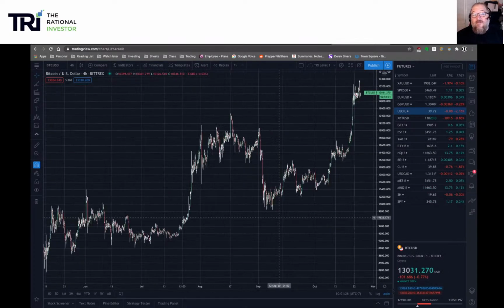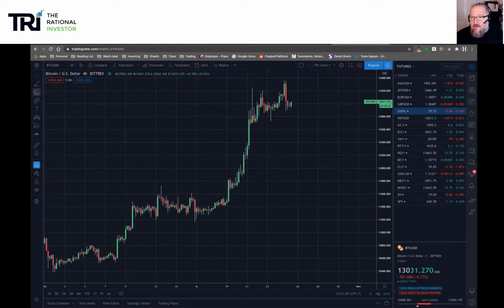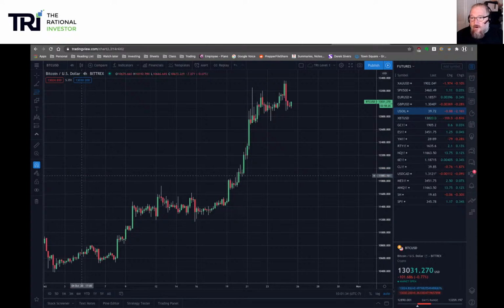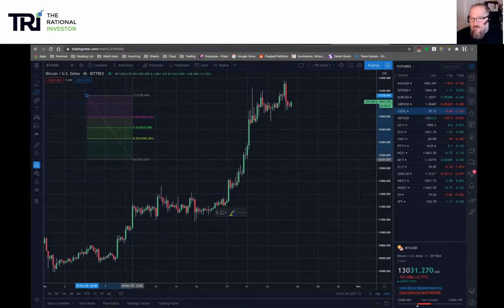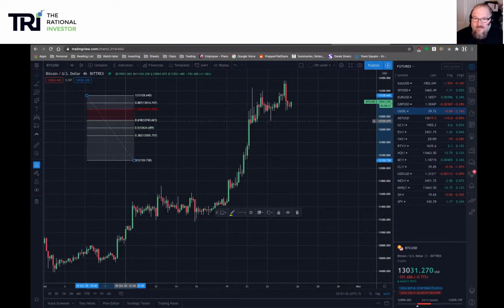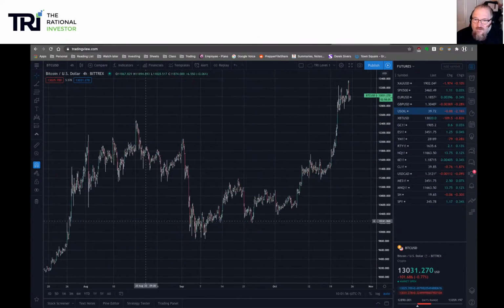So something to keep in mind when you're looking at RLZs, okay? If you're looking for a short RLZ, you're looking at a previous move down, a previous time when we have moved down, and then we come back up, and that's where you have the RLZ, and we'll move down again. If you're looking for a bullish RLZ, you're looking at a previous move up. So I'm not sure where you're getting your previous move down for your RLZ.